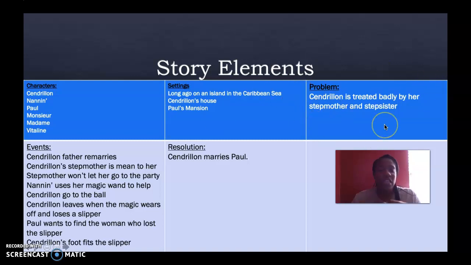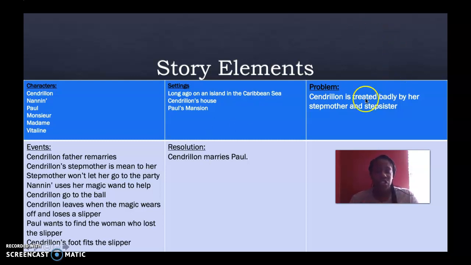Our problem, what I saw most of you turn in on your work yesterday, is that she's treated very badly by her stepmother and her stepsister. And that's just a reoccurring problem in our Cinderella stories. Here are the events of the story that you can go and read over for yourself. But after her foot fits into the slipper, the solution to the story is the prince, Paul. He takes her away from her family where she's being mistreated, and they get married.